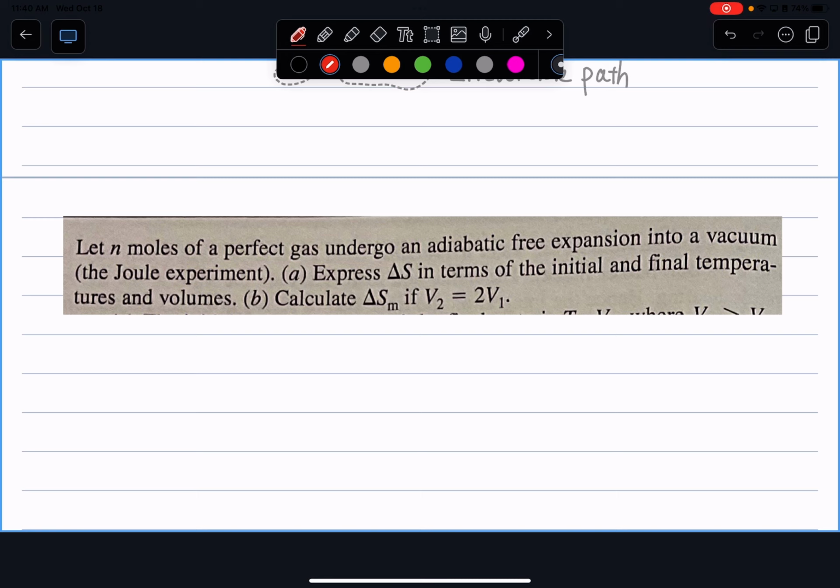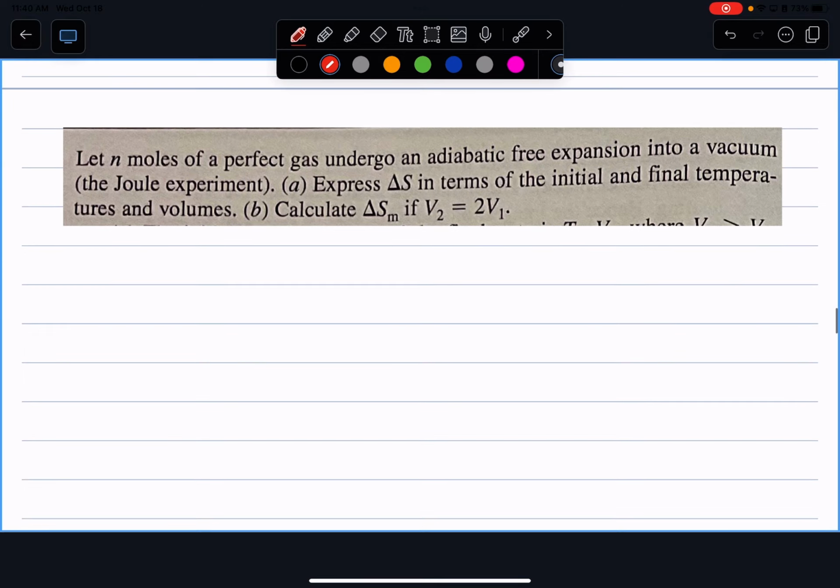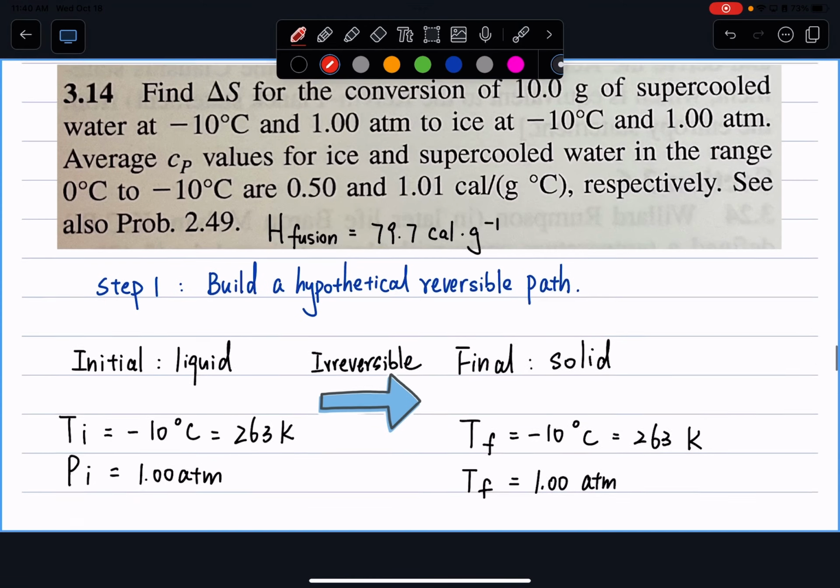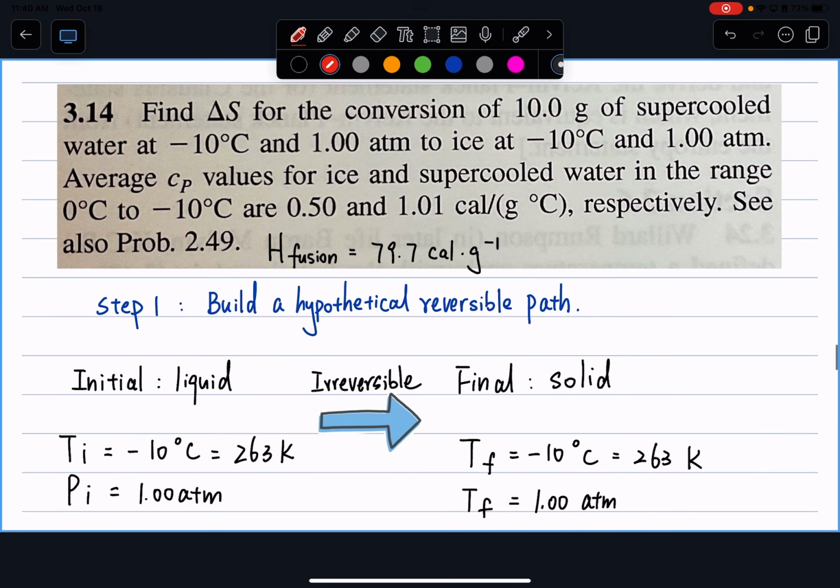Let's see an example here, because I know it feels really abstract. I'm going to skip this one, but I'll just use our 0.9 as an example. Number 8 in your textbook will be skipped until we reach 4.5. So this is the example we are talking about.